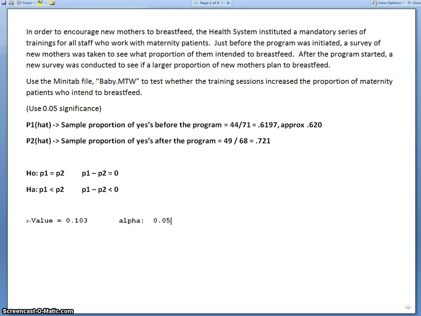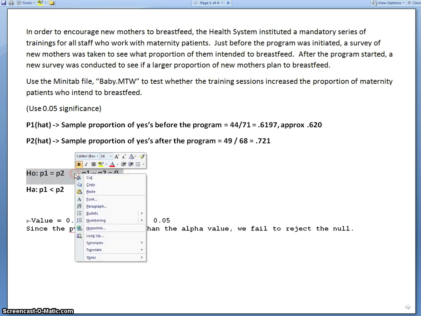So what does that mean? Well, since the p-value is larger than the alpha value, we fail to reject the null. So there's no evidence to reject the null hypothesis.